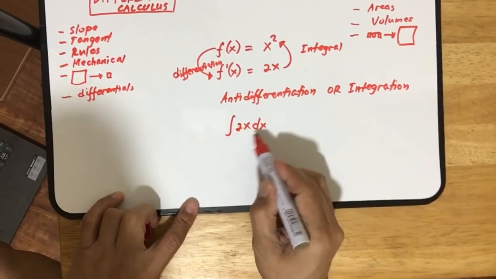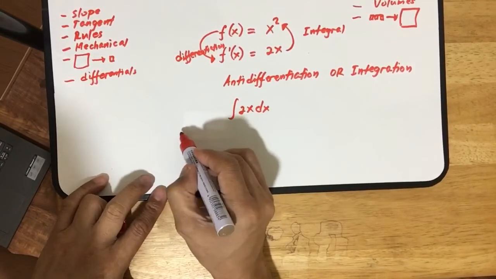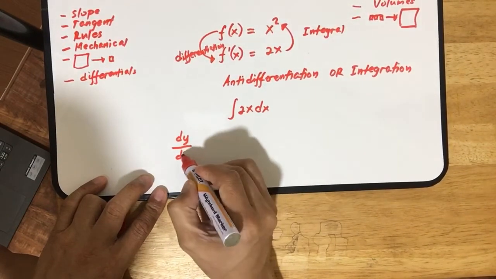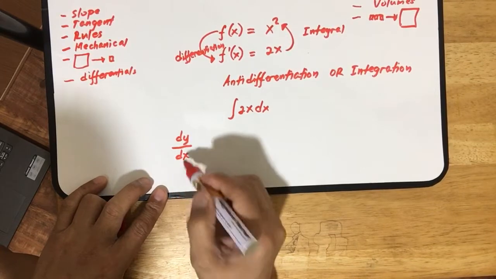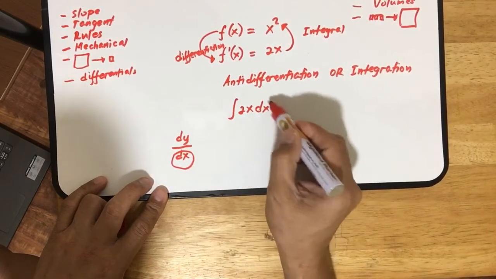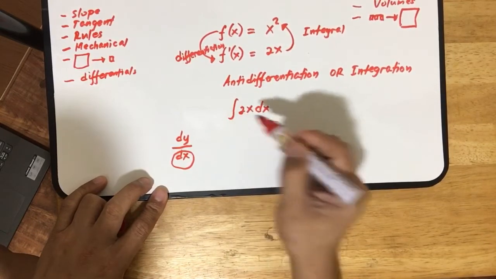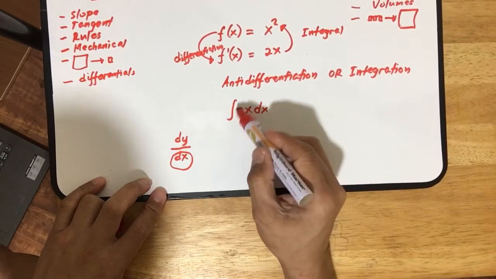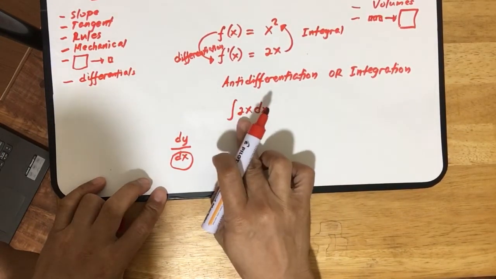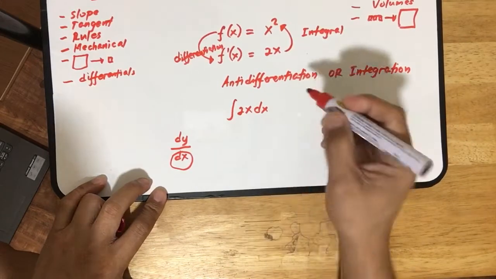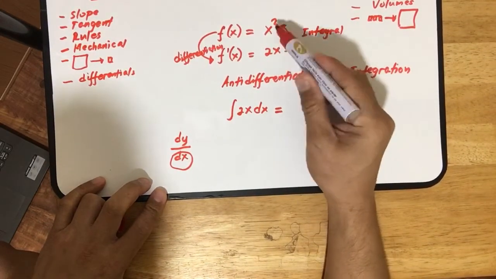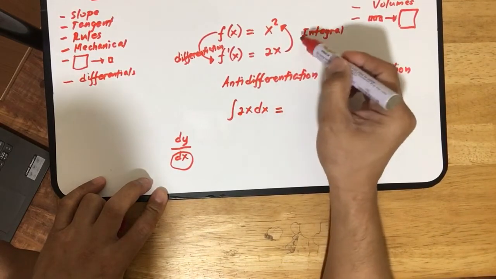the dx here, class, is the same as the dx that we used to discuss in differential calculus, dy over dx, or the derivative of y with respect to x. This dx is the same dx that is in this integral function. If you are given the integral of 2x dx, as mentioned, the process of getting back from this function is what we call integration.